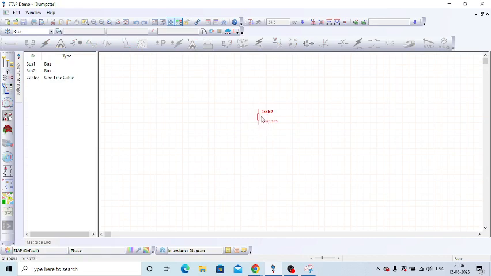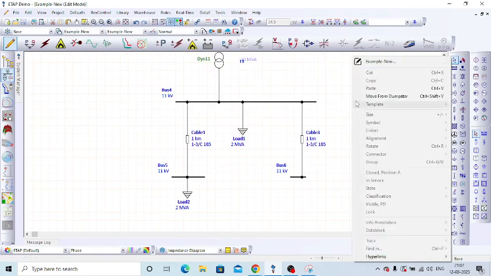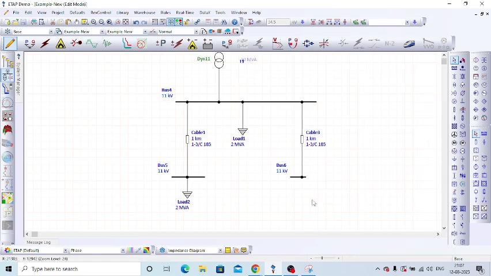The moment we copy, the copied file will come to the dumpster, so we have to clean it. Suppose we need to take any element from the dumpster, we have to move it from the dumpster instead of pasting. Then the particular element will move from the dumpster to here, so the numbering will continue.